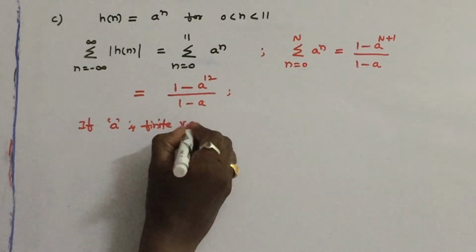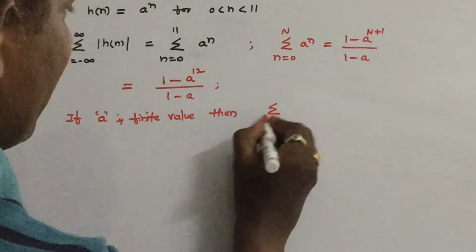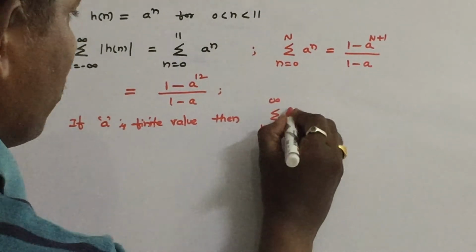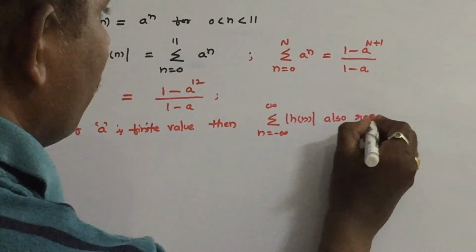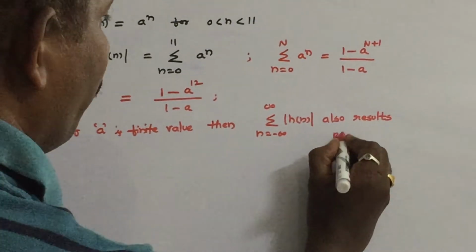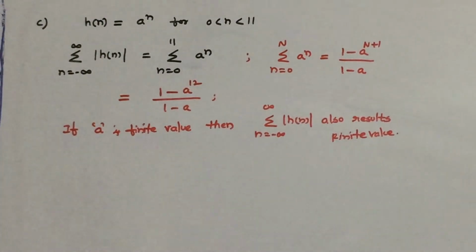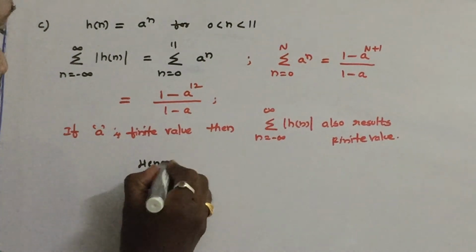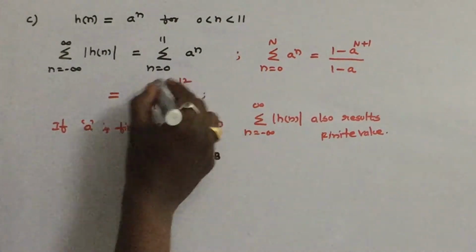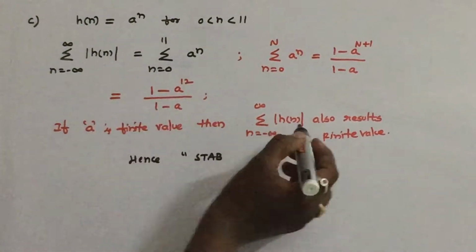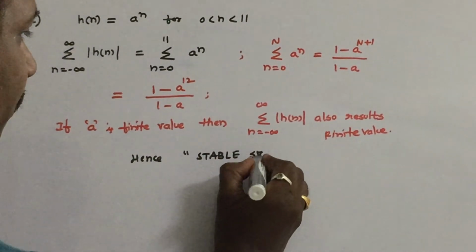If a is a finite value, then this impulse response summation also results in a finite value. Hence it is said to be a stable system. Since this equation results in a finite value, the system is said to be stable.